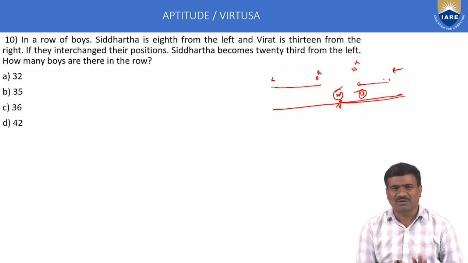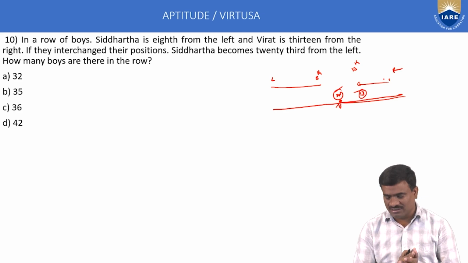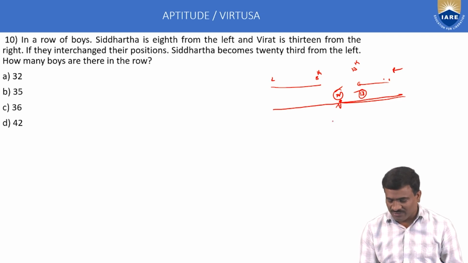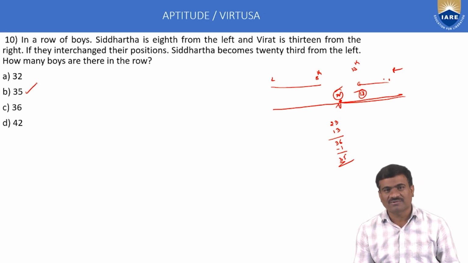Calculate the total number of persons. Siddhartha is counted 2 times, left 23rd and right 13th position. The same person is counted 2 times, but in a classroom count only 1 time. Then the total number of persons is 23 plus 13, 36, minus 1, equals 35. Option B only correct.